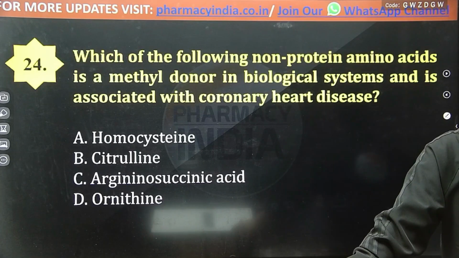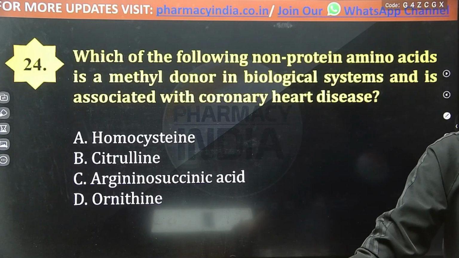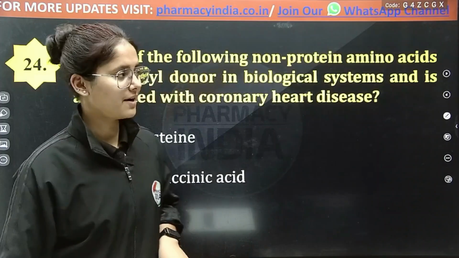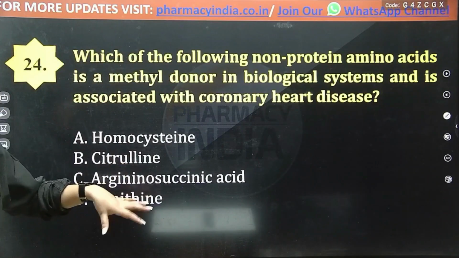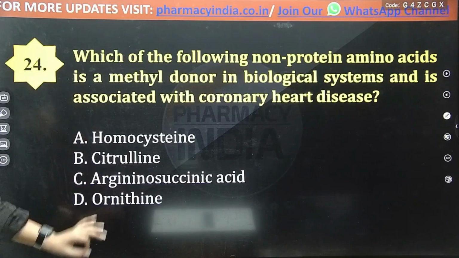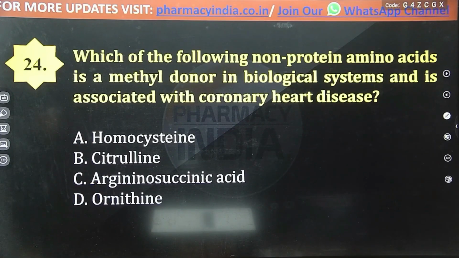Okay. Which of the following non-protein amino acids is a methyl donor in biological systems and is associated with coronary heart diseases? Now, from the given options, you have to choose that non-protein amino acid which is basically a methyl donor in biological systems. Homocysteine, citrulline, arginosuccinic acid or ornithine.